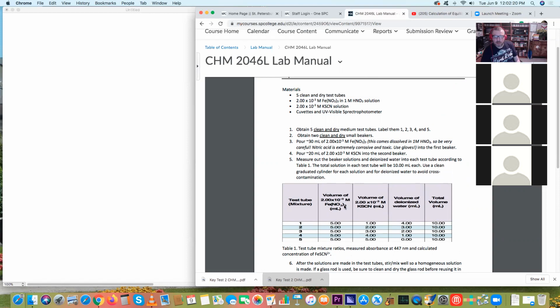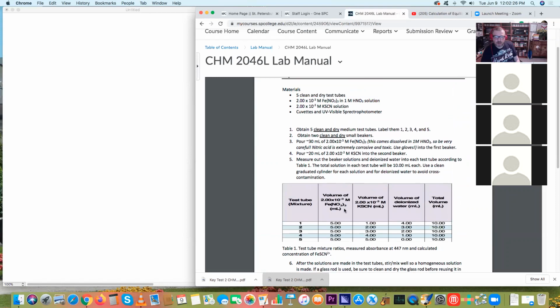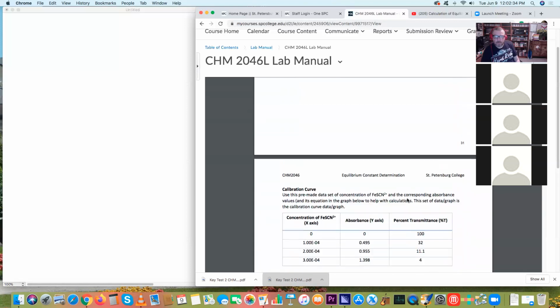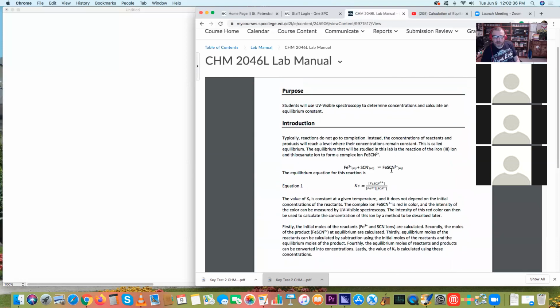We're using FeNO3, which is essentially colorless. It's maybe a very slight yellow color, but essentially it's colorless. And the KSCN is colorless as well. But the compound that we're forming, this FeSCN2+, is a red compound. The equilibrium itself doesn't go all the way to completion, which is kind of the point of what we're doing.